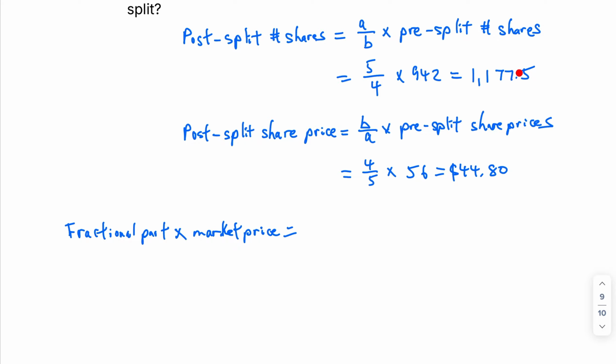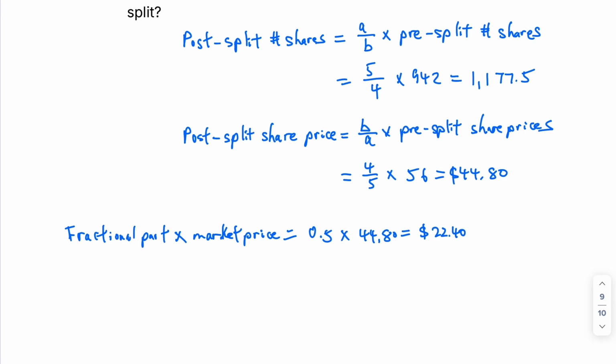Okay, so the corporation is going to take that 0.5 and we're going to multiply that by the post-split share price, which is $44.80. Okay, and punching that in the calculator, that works out to $22.40.